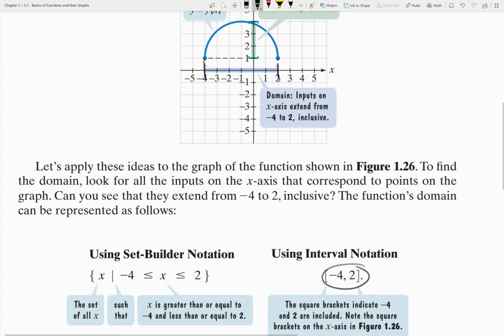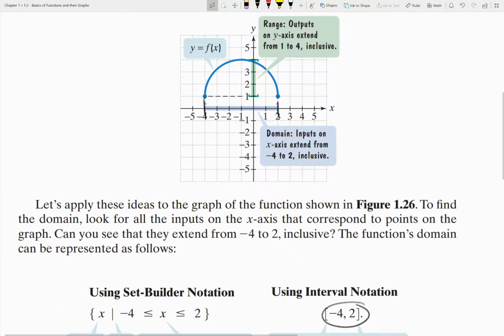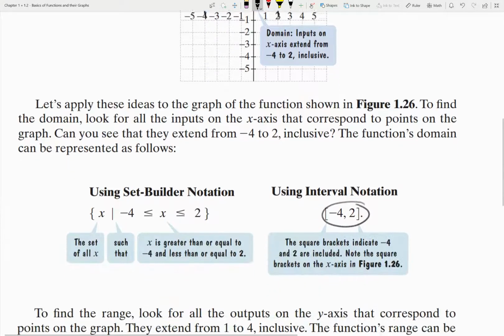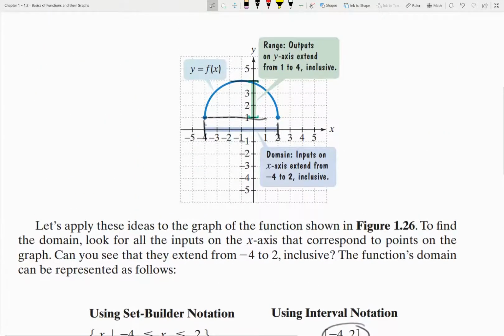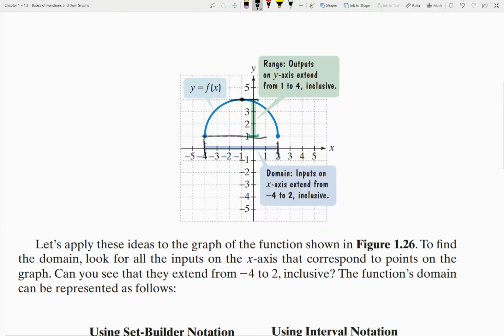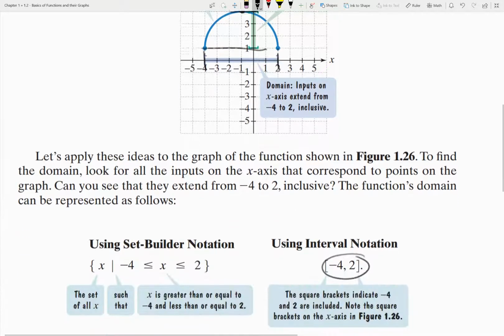The domain of this function goes from -4 to 2, including both of them because of the solid dots on the end. And the range goes from the bottom to the top, so from -1 to 4, also with square brackets. Even though there's no dot up here, the function is continuous. It doesn't stop, so we can assume that the function goes through that point.